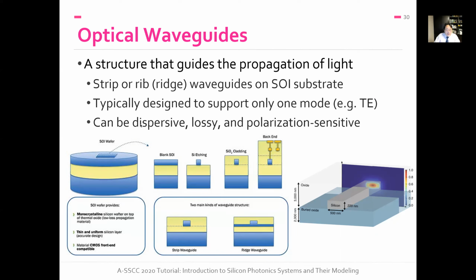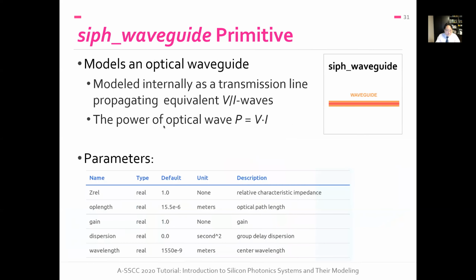And in general, like I said, they can be dispersive, having different velocity depending on the wavelength. They can be lossy, and they may have different propagation characteristics depending on the polarization of the optical signal. So these are some details that matter if you want to have really high precision silicon photonic systems.